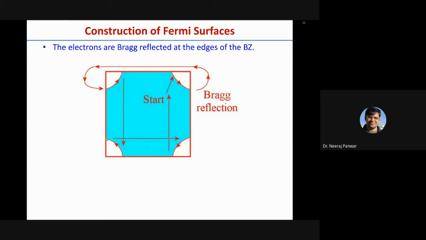Whenever the electron reaches the zone boundary, meaning its wave vector is equal to half the length of the first Brillouin zone or any Brillouin zone, then it will be Bragg reflected. So with this, I conclude the discussion over the Fermi surface and Brillouin zones.